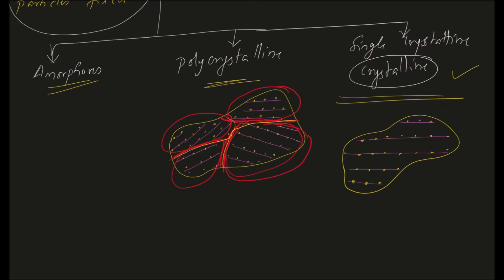Now what is the case of amorphous materials? In the case of amorphous materials we still have atoms or constituent particles, ions or molecules from which these materials are made, but you won't be able to find a perfect ordered arrangement over a long range.